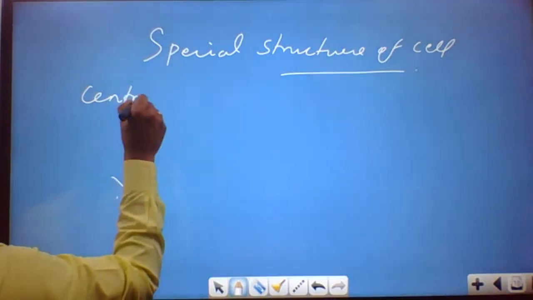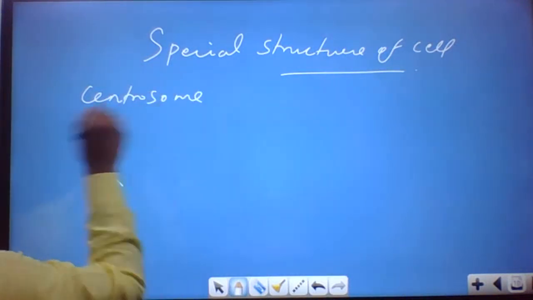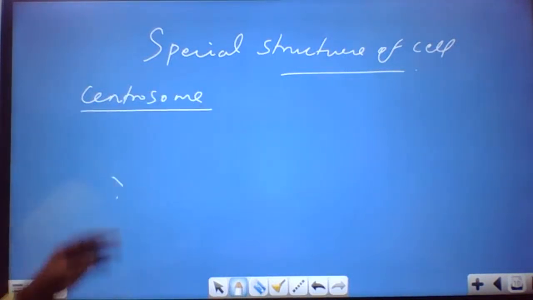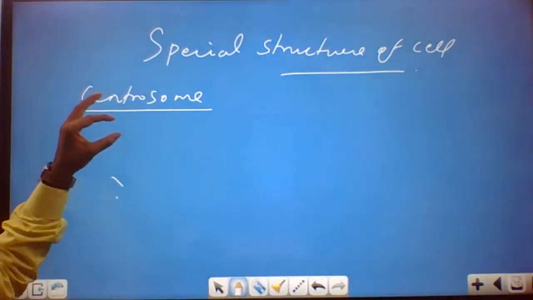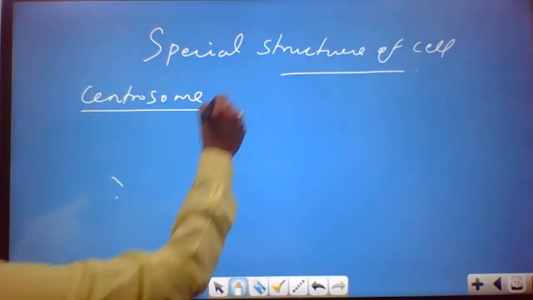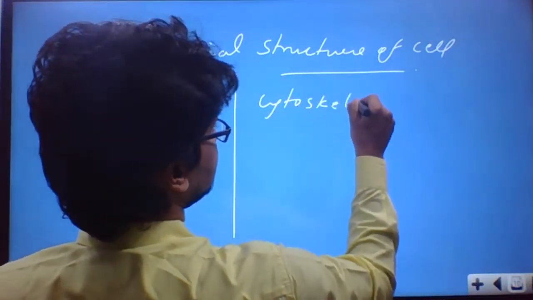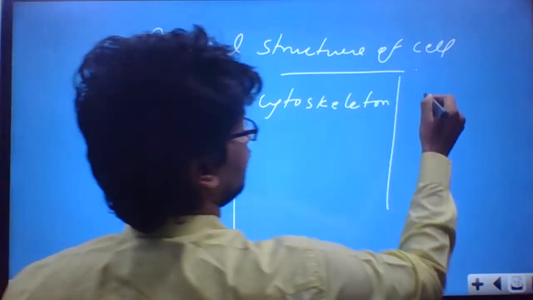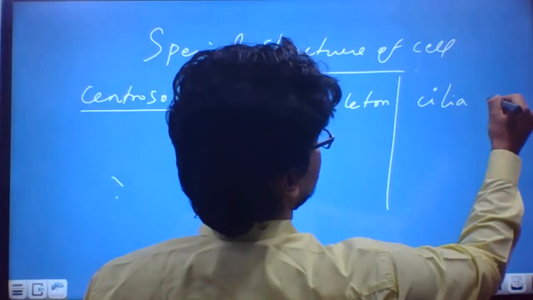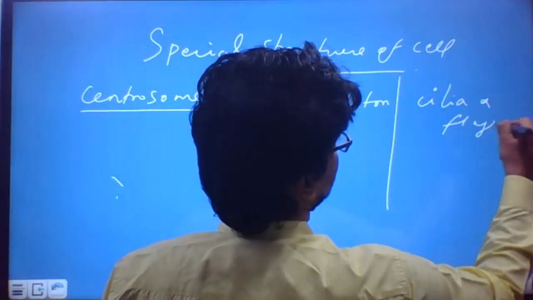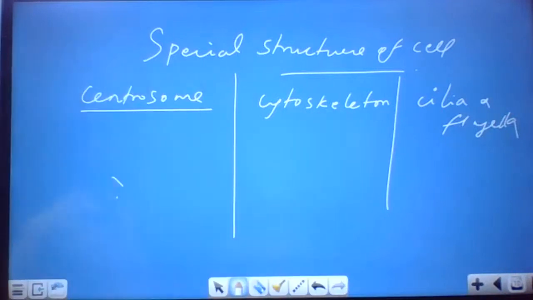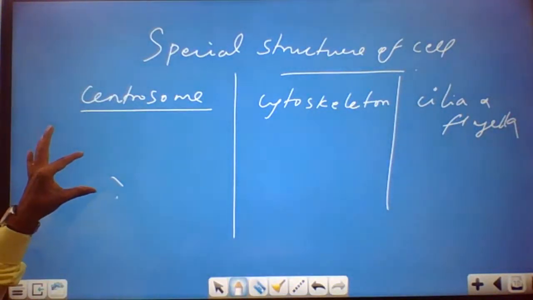Centrosome is one of the special structures. Coming to the centrosome, cytoskeleton, cilia and flagella. These are the other important special structures that you could see in a cell.